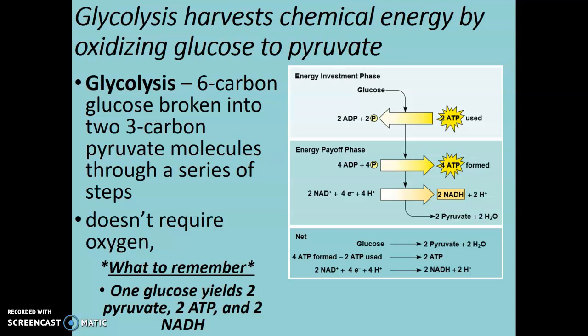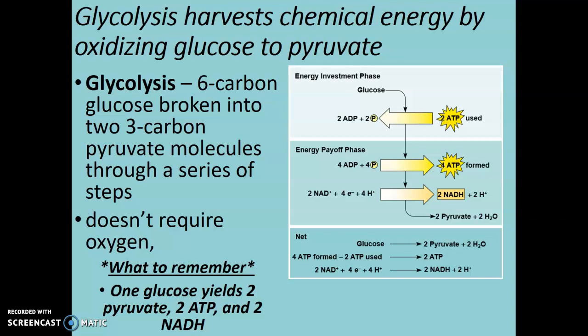We take the 6-carbon glucose and break it down into 3-carbon pyruvate molecules through a series of steps. This process does not require oxygen. What you need to remember is going from a 6-carbon glucose to 2 3-carbon pyruvates.